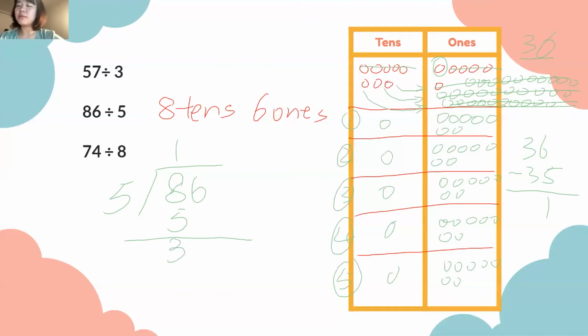And 30 plus 6, we have 36 right here. We put 7 because we can only put 7 ones in each group. And 5 times 7 is 35. And the remainder is 1. So 86 divided by 5 gives us 17, remainder 1.